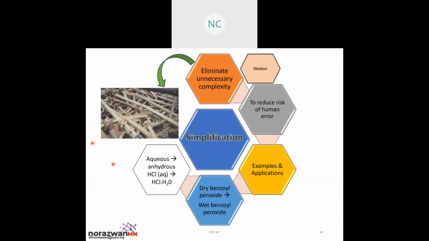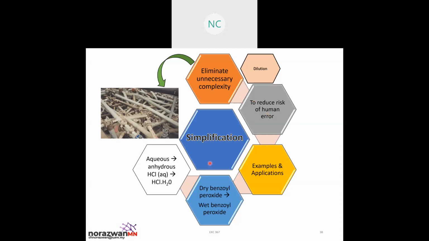Maybe actually all this pipe is redundant. When you try to eliminate unnecessary complexity, we actually try to reduce the risk of human error.